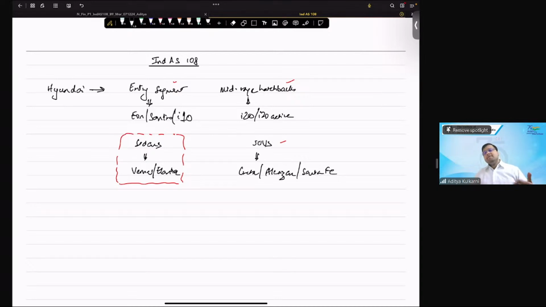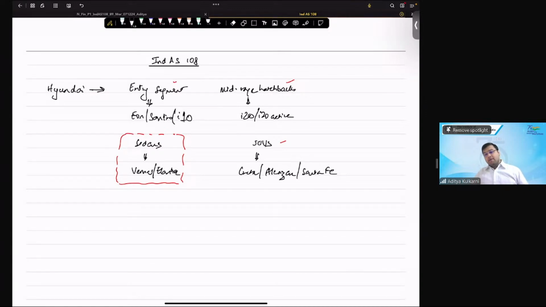So what the business views is, my sedans are probably on a downward trend, my SUVs are seeing an upward trend, and for my entry segment and mid-range, I have to ensure I do my allocation of resources so that people get attracted to this. Ultimately, the profits I can generate from my entry segments and mid-range hatchbacks can to some extent be diverted towards the SUV segments also.